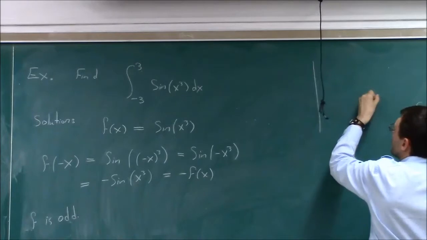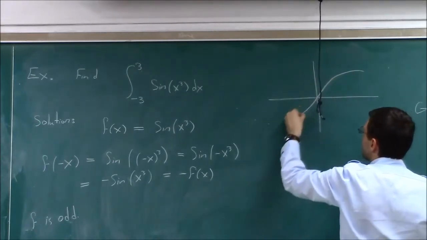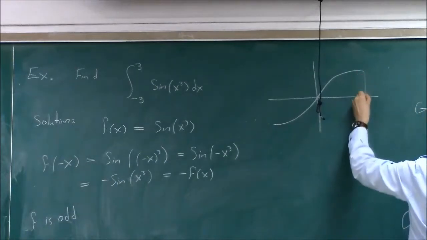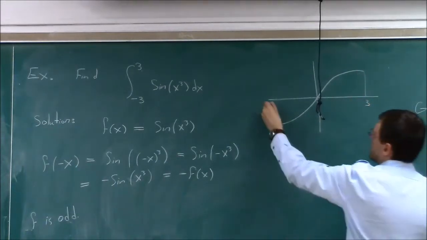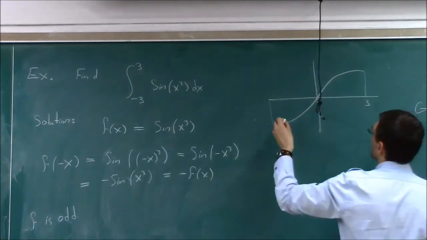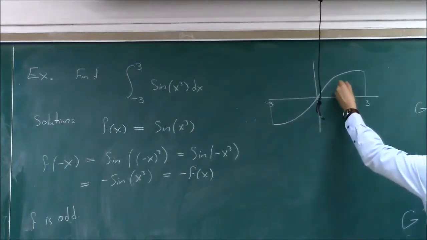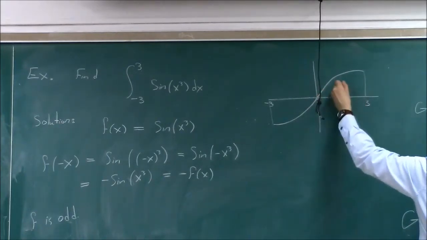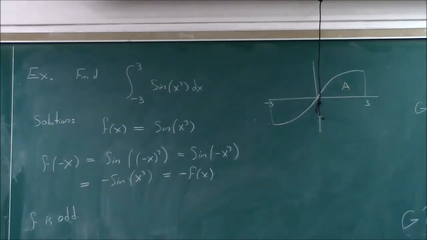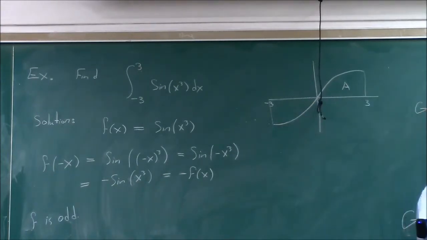Now if it's odd, and notice there is a balanced interval, minus 3 to 3, what must be happening to this region? I don't even need to do it precisely, but I know odd means symmetric to the origin. So part of the curve is here, and the integral from 0 to 3 will give me some area A. What would the integral from minus 3 to 0 give me?